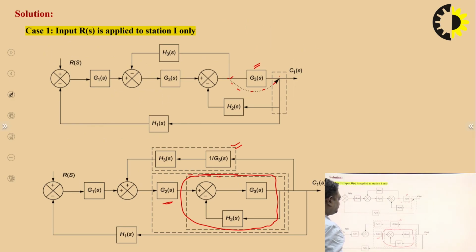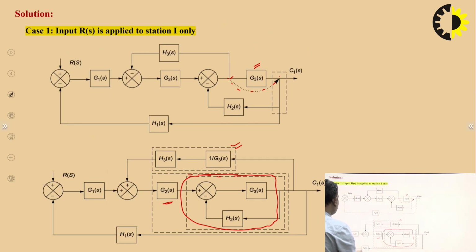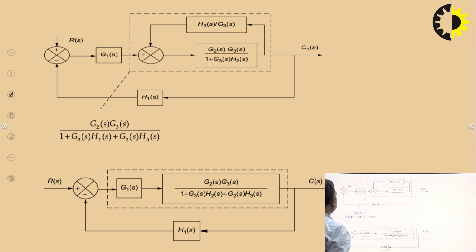Okay. And this H1S will remain the same, and G1S will remain the same. Okay. So, now you can see here, this is the forward path and this is the feedback path with gain minus. Okay. So, when it will become minus, then you will get the positive value.